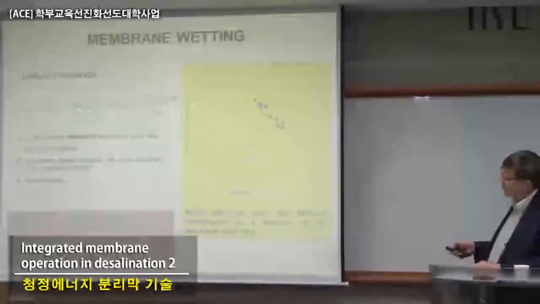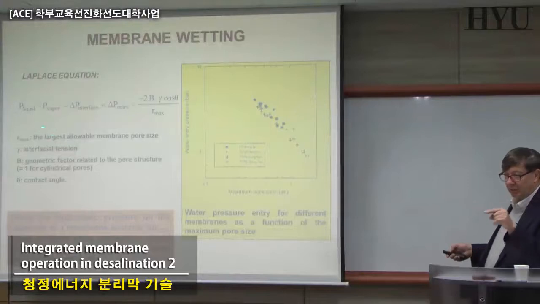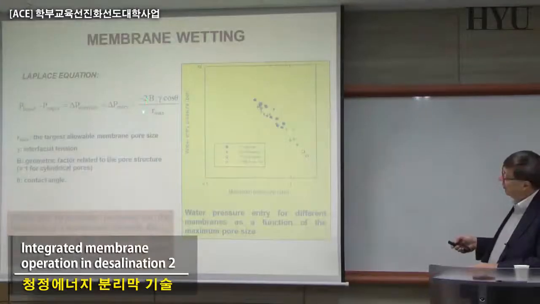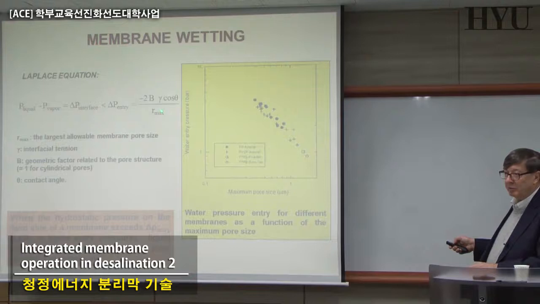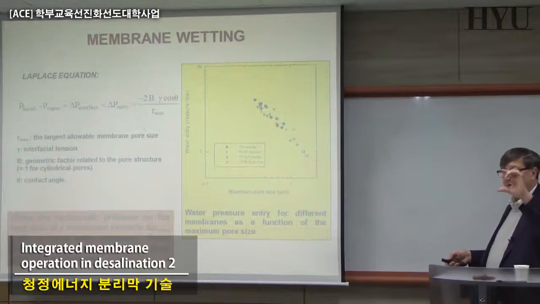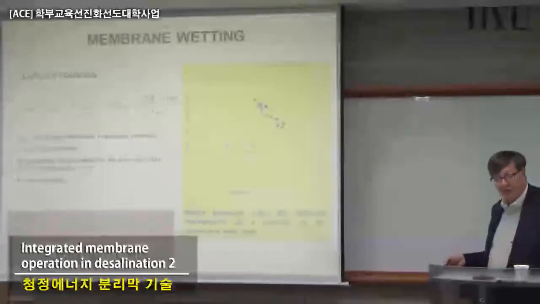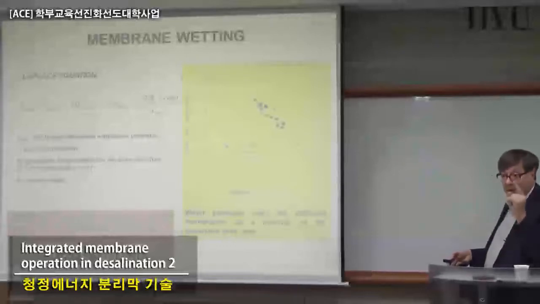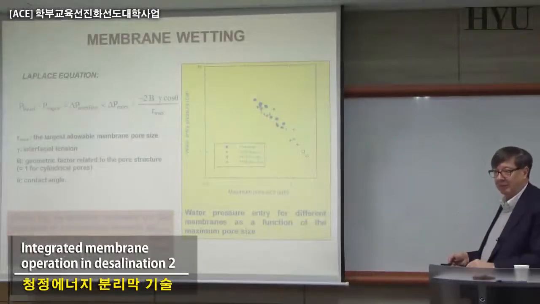This Laplace equation gives you this delta P, the liquid penetration pressure. As you can see here, this is a function of the diameter of the pore and of cosine theta and gamma. But if this one increases too much, this number becomes very, very small. That means a few millimeters of mercury in pressure difference are sufficient to move the liquid inside the pore.